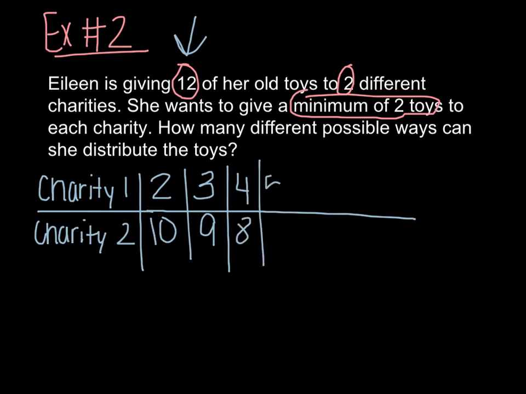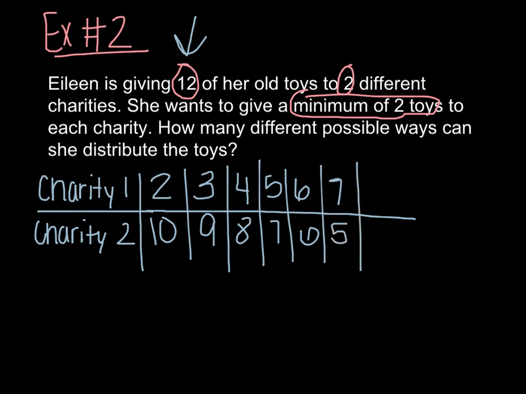First one could get 5, and the second one would get 7. The first one could get 6, and the second one could get 6 also.